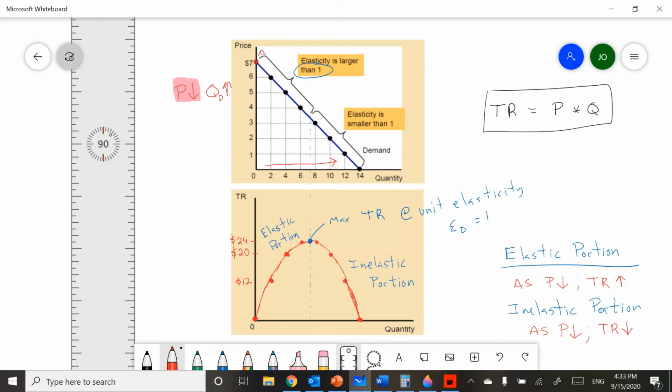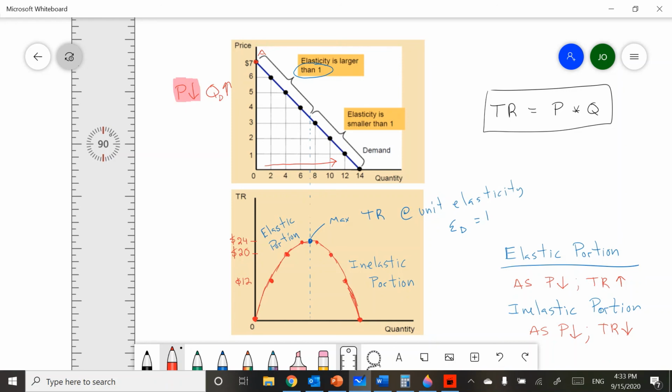So, on this portion of the demand curve, this product has very little change in quantity demanded. So, if you decrease the price, you will lose total revenue.